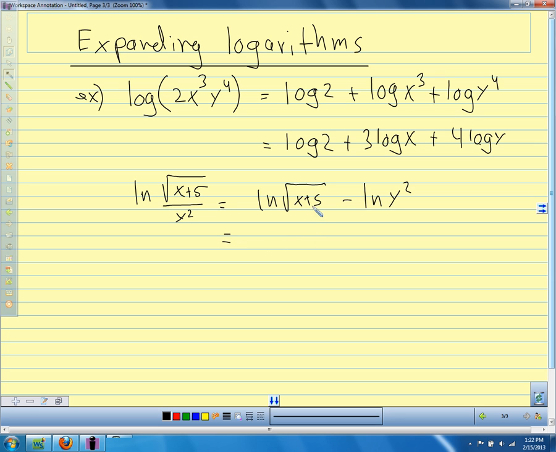How do we say x plus 5 as an exponent? Square root of x plus 5. What is that as an exponent? X plus 5 to the what power? 1/2. And exponents, what happens to the exponents? They move to the front. 1/2 natural log of x plus 5 minus, this exponent comes to the front, 2 natural log y.